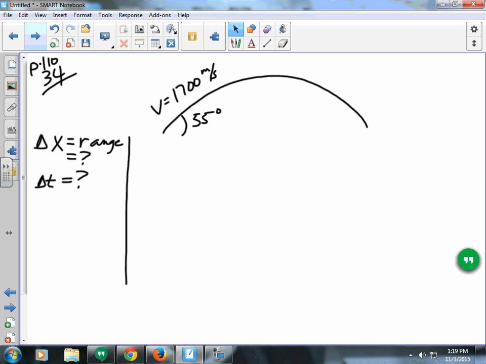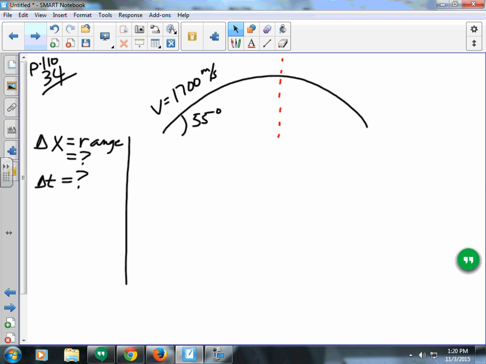So if we take this parabola and divide it in half, vertically, not horizontally, that bullet is going to go up and then go down.